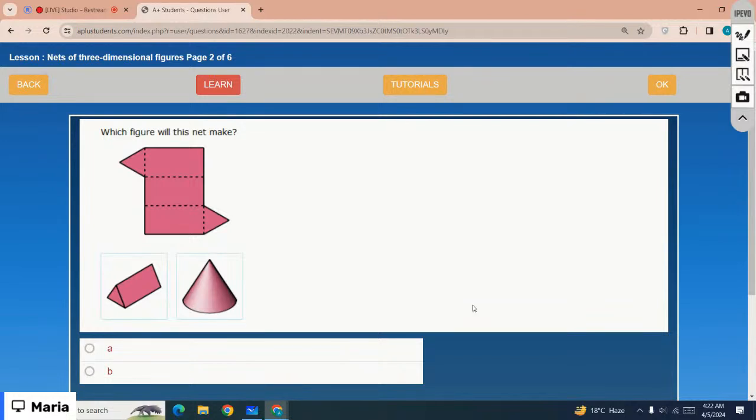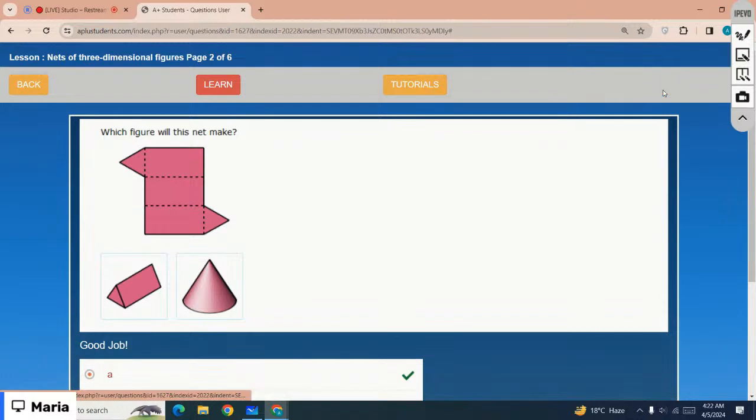Yes, option number A is the correct option, right? The one that has the triangular faces. So option A is the correct option.